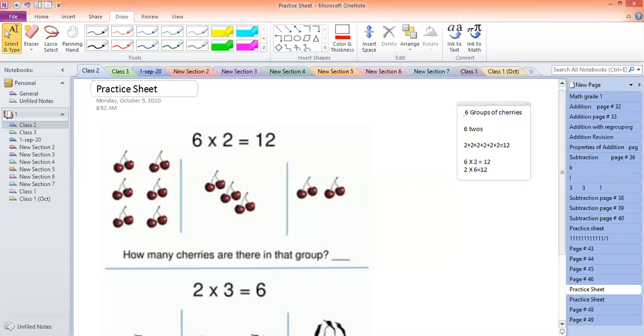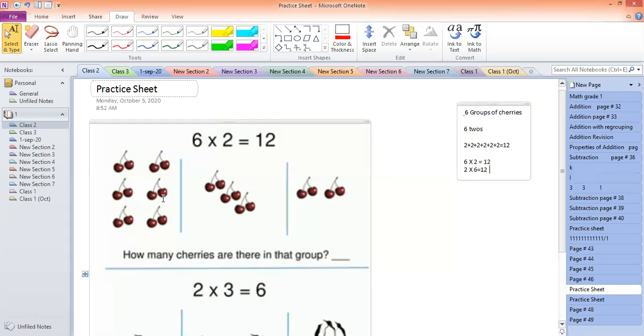This is the multiplication concept. Multiplication is repeated addition. You can find the answer by repeated addition and by multiplication also, when you have equal objects in the groups. Like every group of cherries is having 2 cherries.